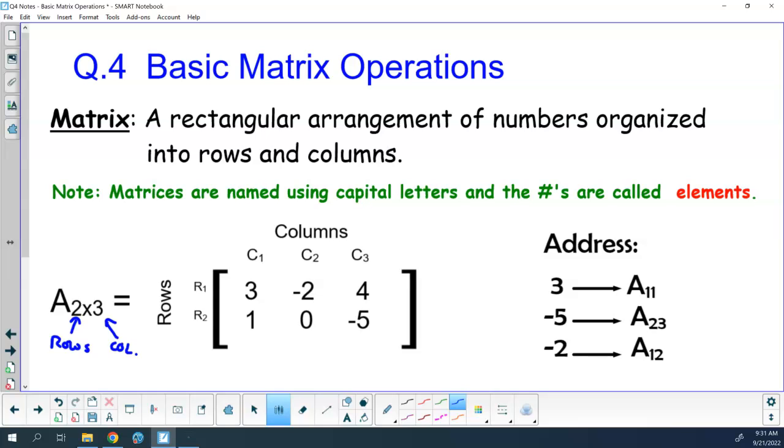And so on. Rows, remember, are horizontal. Columns are vertical.